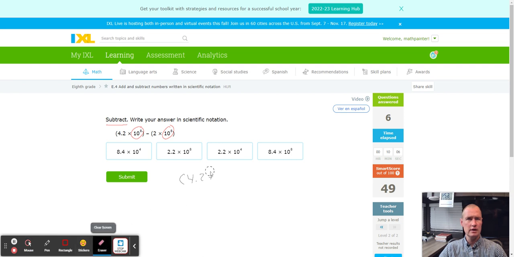So let's go ahead and fix that plus into a minus. 2 times 10 to the 8. So it has to be 10 to the 8. All right, 4.2 minus 2 is going to take us to 2.2 times 10 to the 8, and look for a match, which should be the second one there.